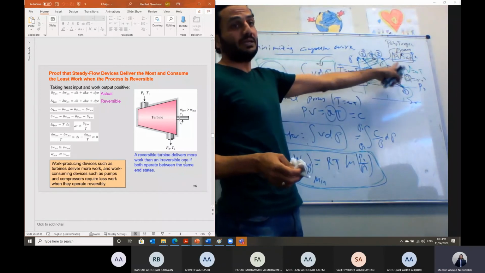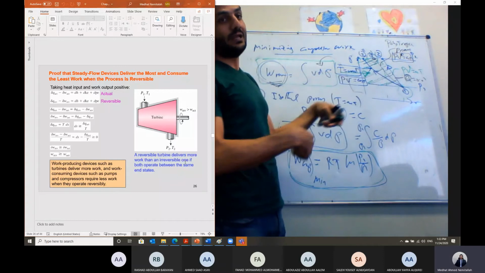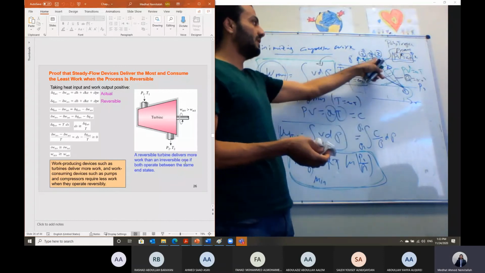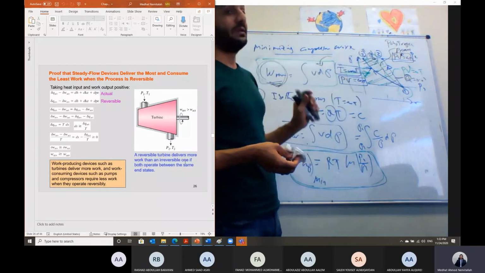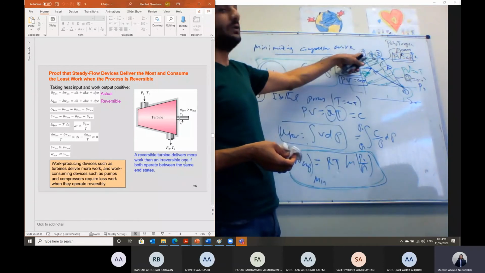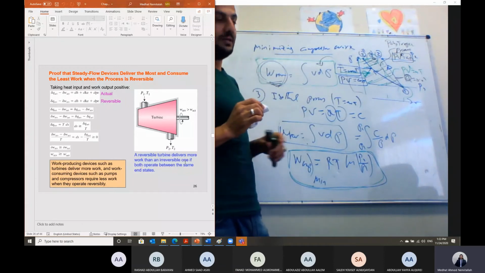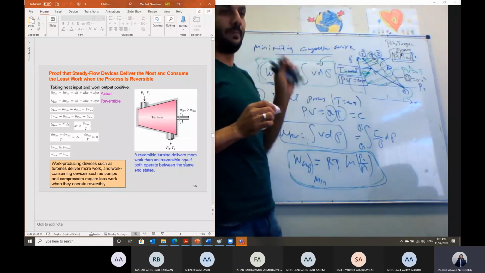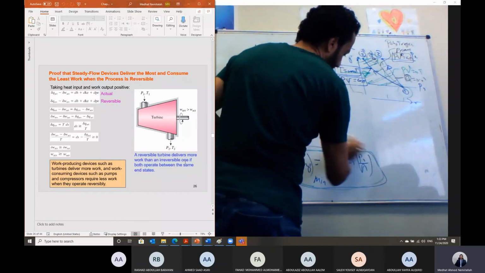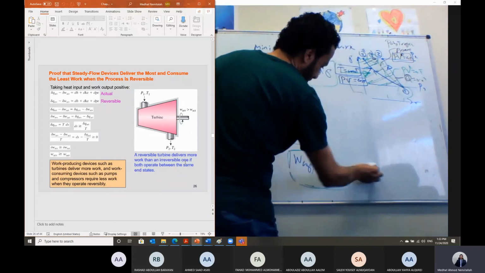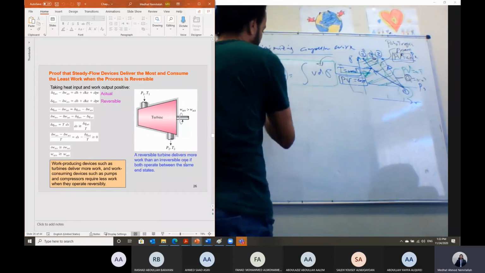Isentropic is the maximum work input. Polytropic allows heat transfer, so we can reduce the final temperature at state 2 prime. The third case is isothermal, which we said we cannot make, but we can make it polytropic. But is there a solution with this polytropic process to minimize the compressor work? There is. We can do something.